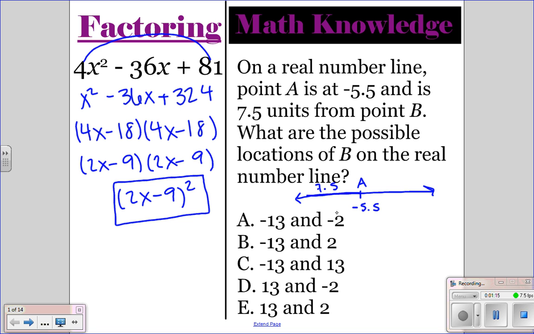And so negative 5.5 plus 7.5 in the negative direction is going to be a negative 13. Or it could be going this direction. And so if we put it here, we would add 7.5 because we're going to the right. And so that would be a positive 2. And so negative 13 and positive 2 would be your answer.